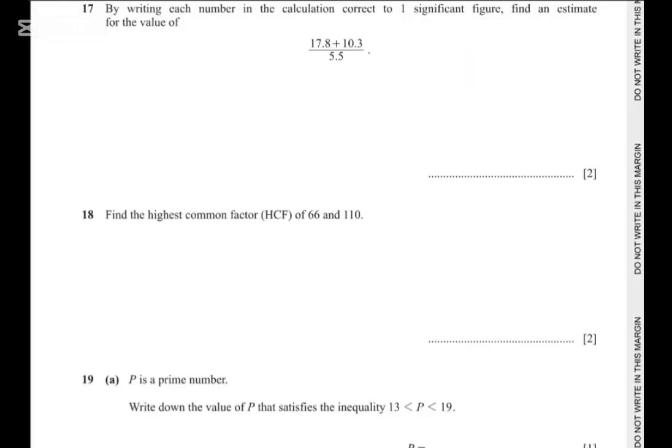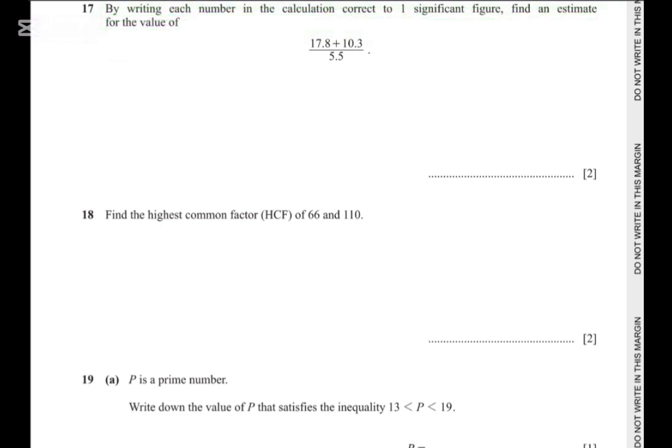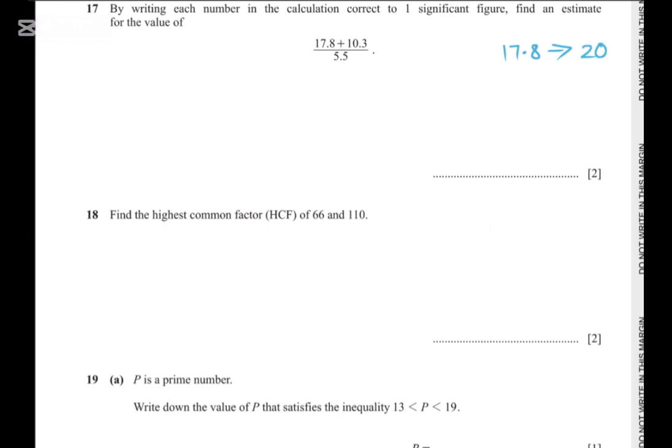Question number 17. By writing each number in the calculation correct to one significant figure, find an estimate for the value of 17.8 plus 10.3 by 5.8. Now we need to round each number to one significant figure. 17.8 is rounded to 20, because rounding to the tens place, I see the ones place, and 7.8 is greater than 5, so it is rounded to 20.